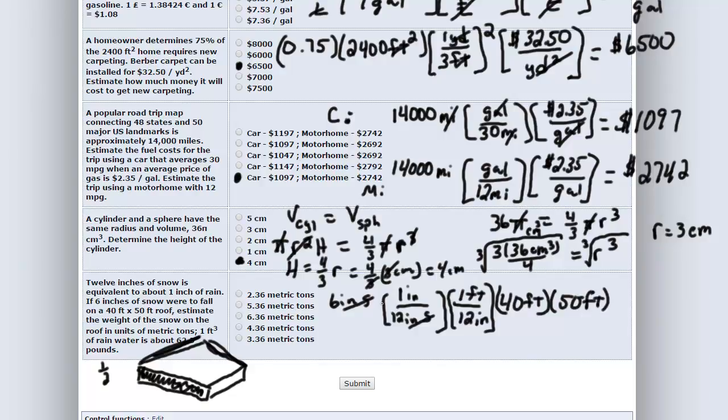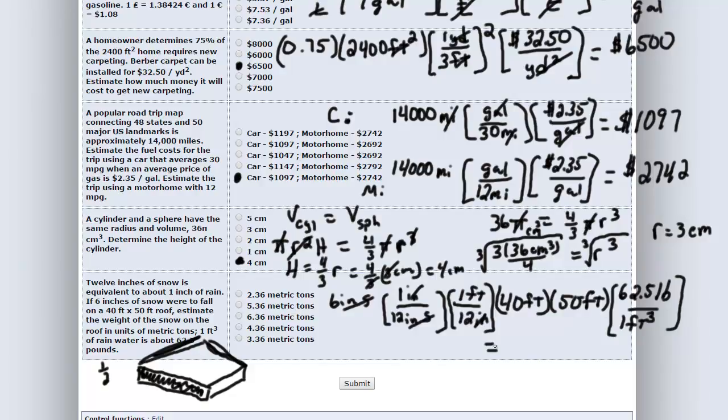So this gives us the total volume of how much rainwater equivalent is being held on that roof. So the inches are going to drop out, and the feet is going to be feet cubed. And so for every 1 cubic feet of rain, we're going to have 62.5 pounds of weight.